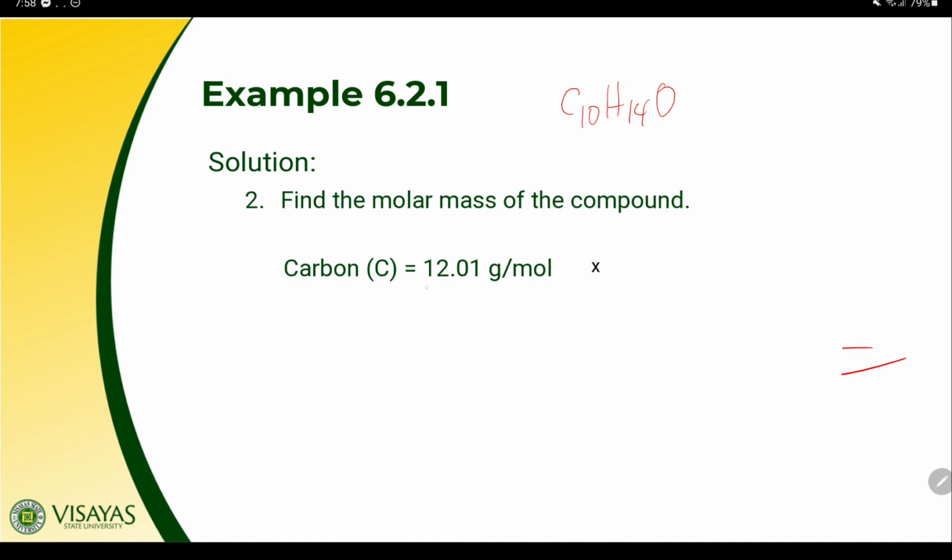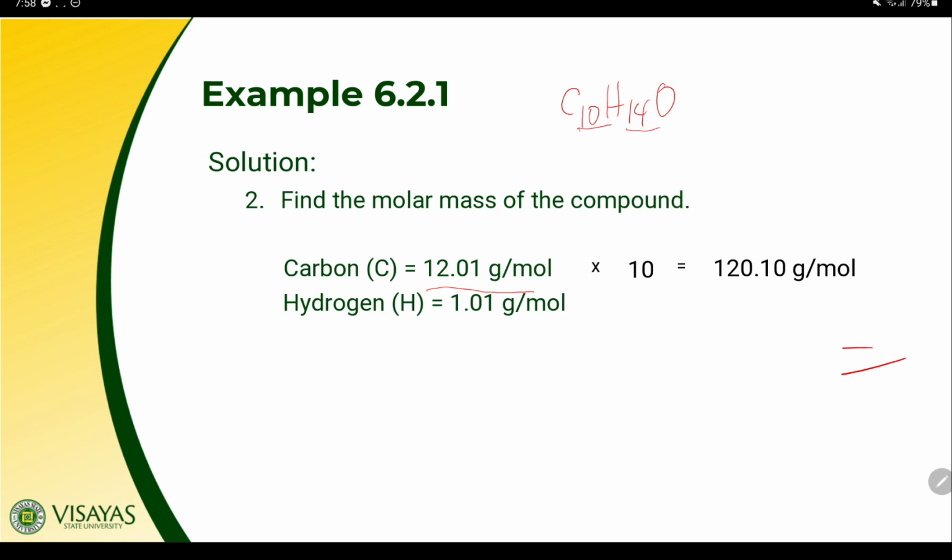Again, based on the value in the periodic table of elements, we have 12.01 grams per mole, the molar mass of each carbon atom. Since we have 10 carbon atoms in the given formula, we multiply the 12.01 grams per mole by 10, and now we get 120.10 grams per mole.